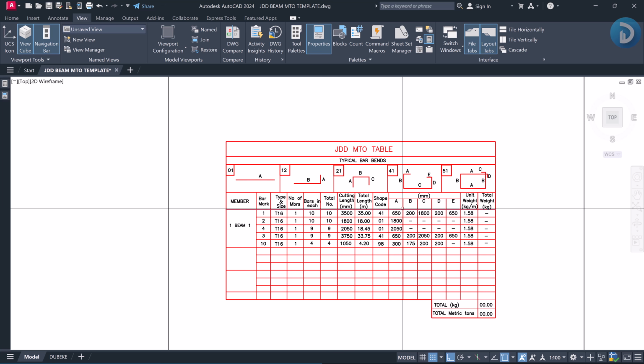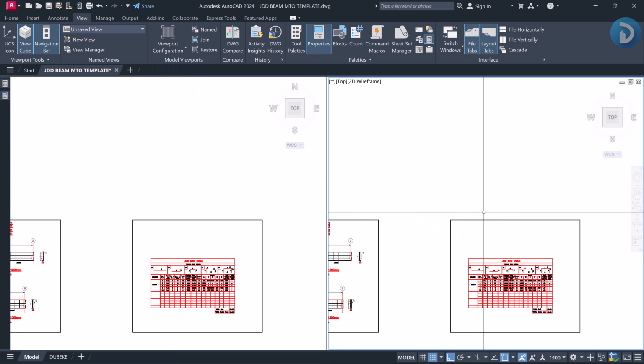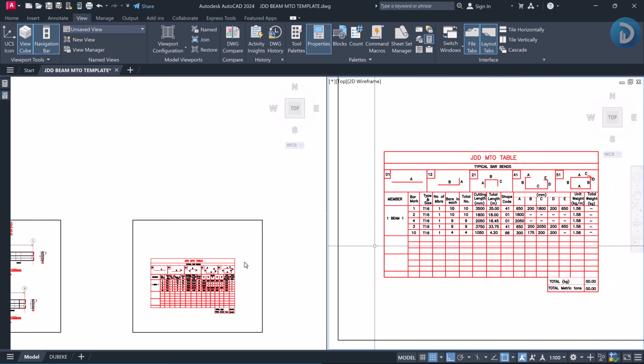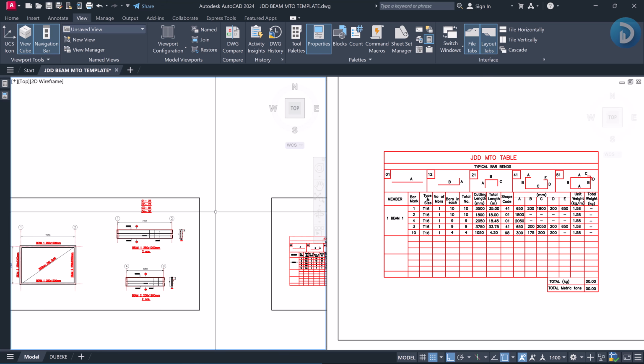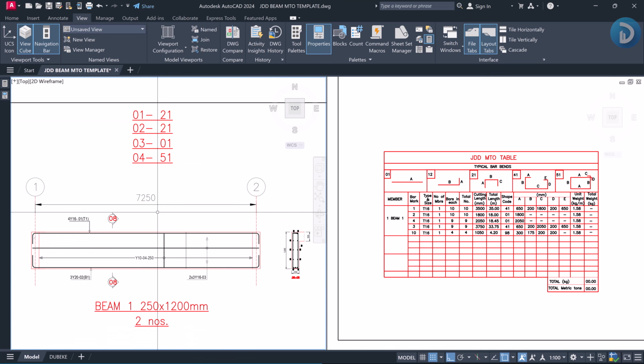Permit me to share this screen once more. I will take my material takeoff table to the right-hand side and put my respective beam on the left-hand side. On this material takeoff table, we have the different properties.